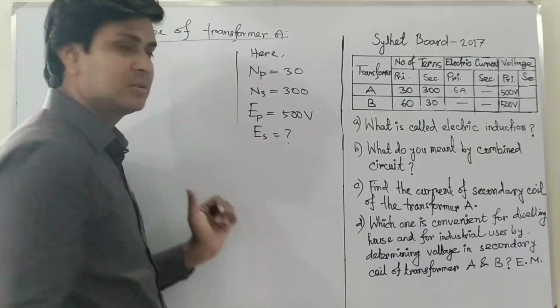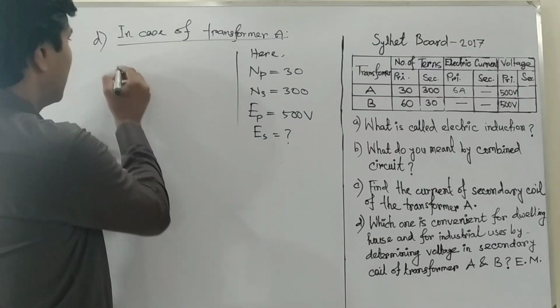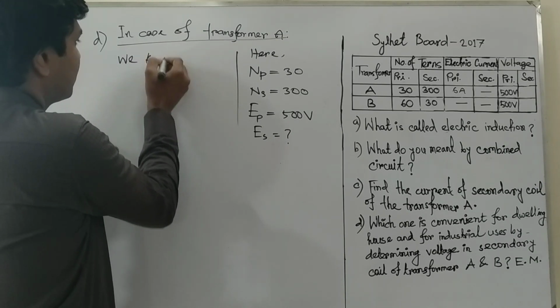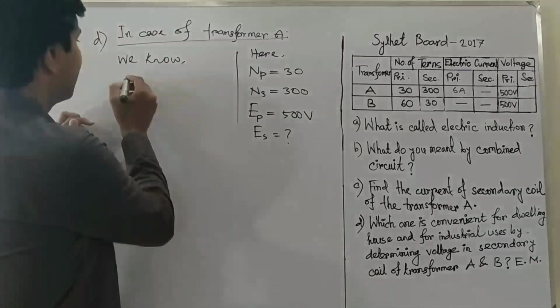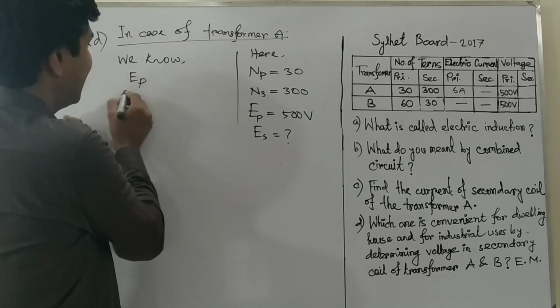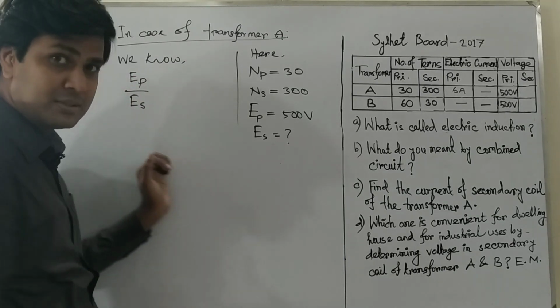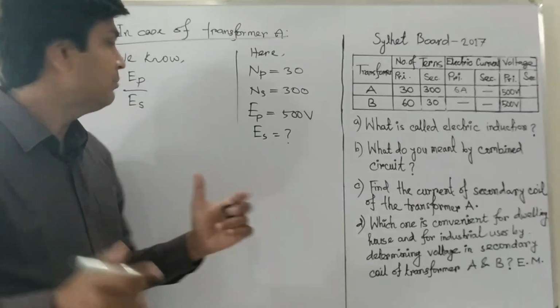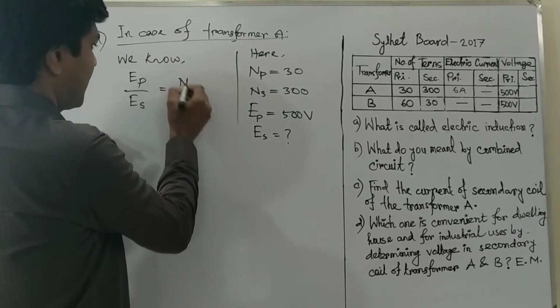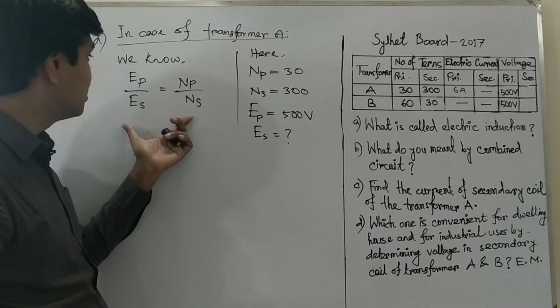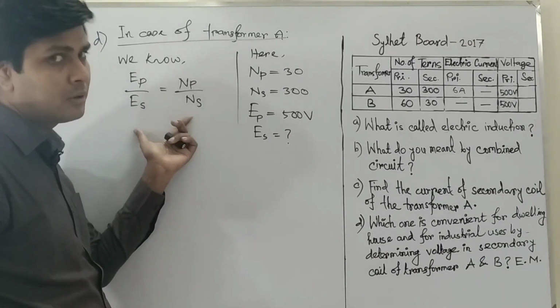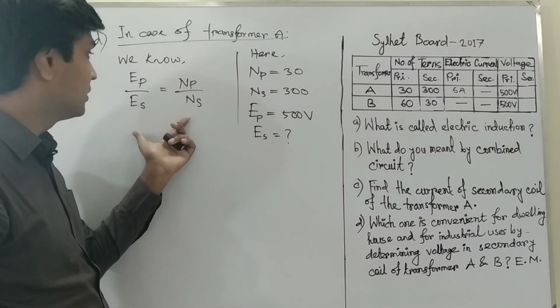ES equal to what? So we'll apply the formula of voltage and number of turns relation, which is EP by ES equal to NP by NS, because the number of turns is proportional to the voltage of primary or secondary coil.